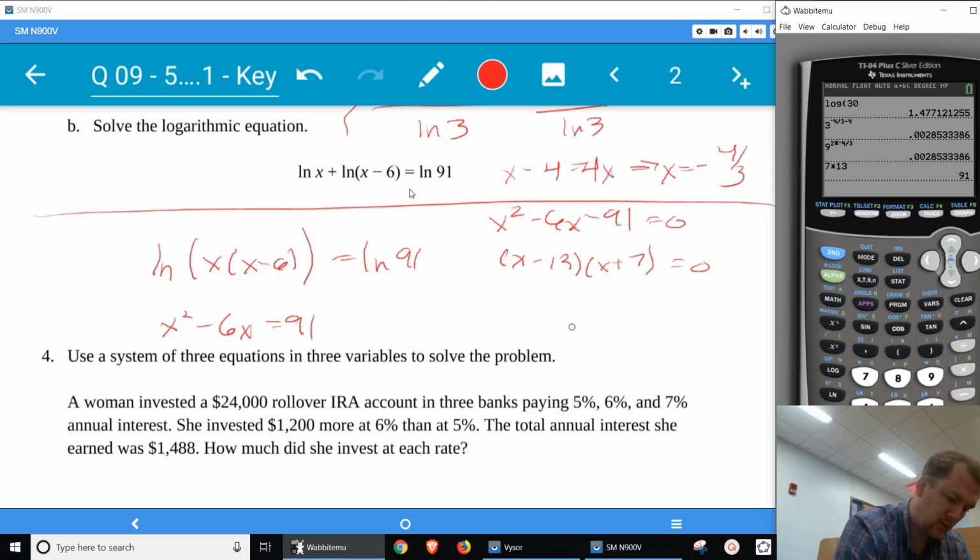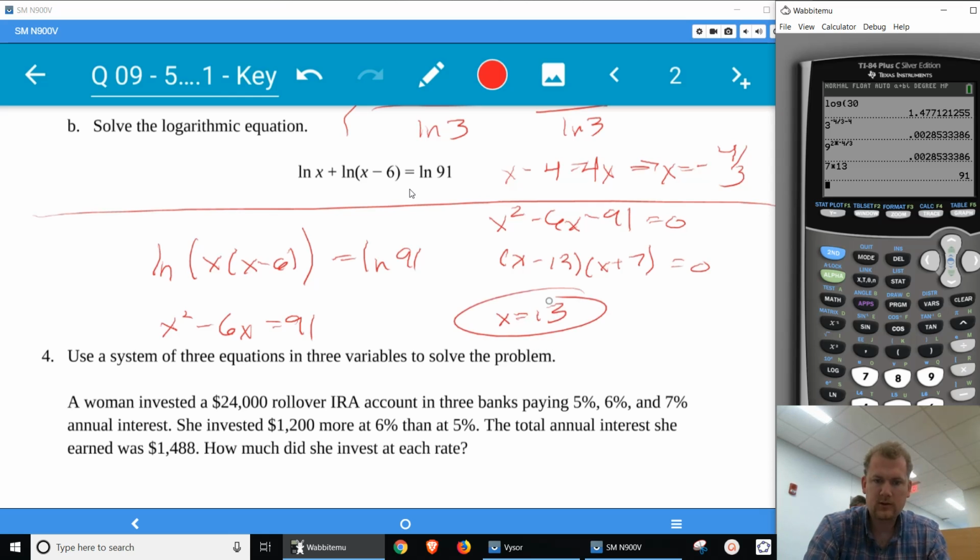So we're only going to go with x equals 13. You can do a quick check here. Natural log of 13 and then this one would be natural log of 7. That should be the same as if we did natural log of 91.